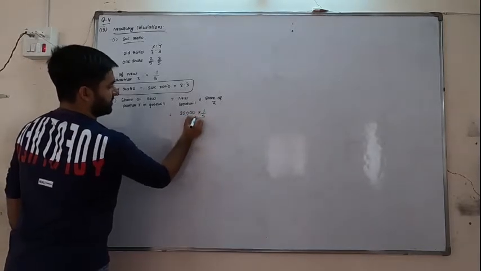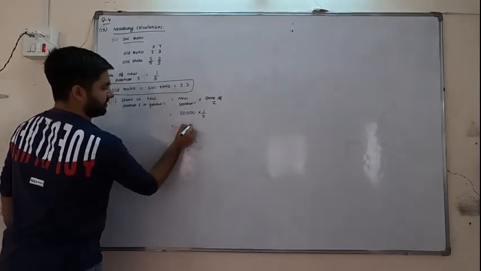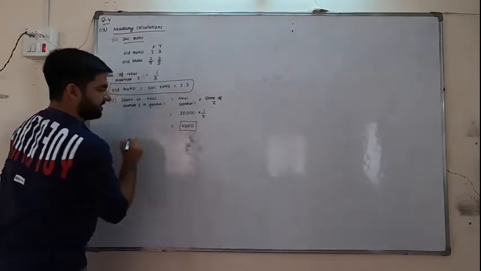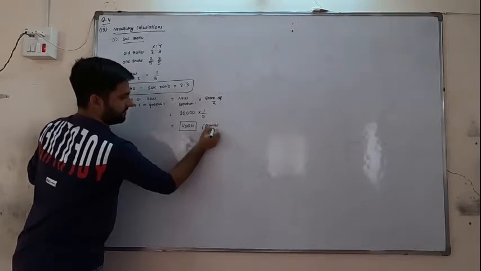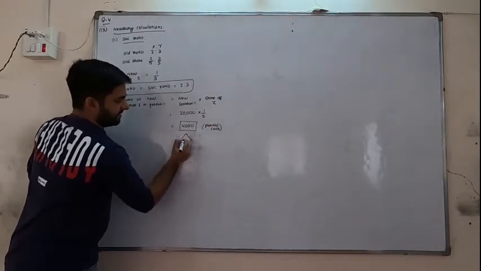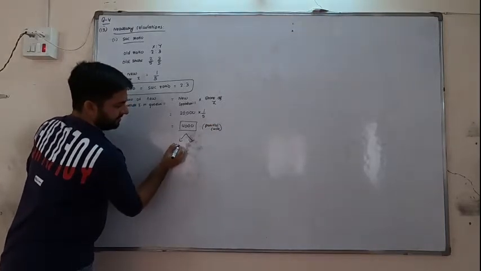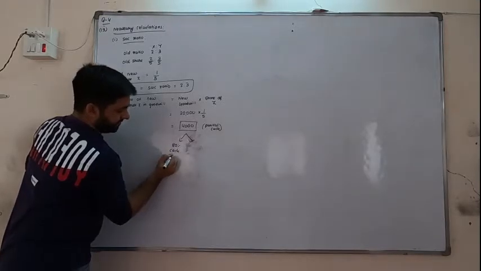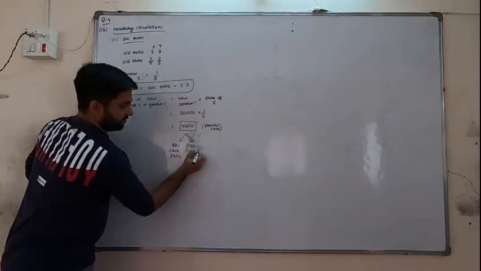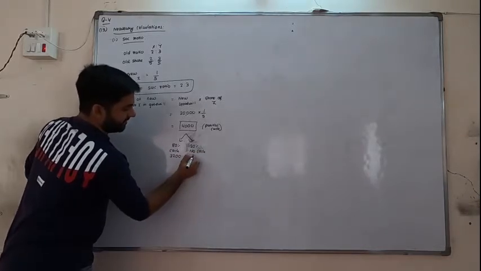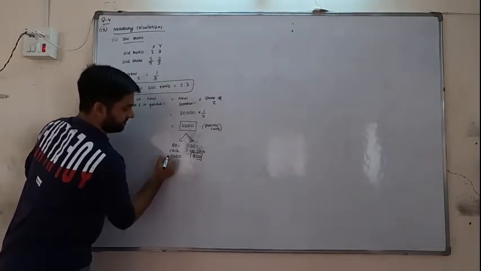Share of Z is 1/5. So it is 4,000. Now friends, from this 4,000, it is partial cash. The reason is simple. 80% is only cash. So 3,200 is cash. 20% no cash. This 20% no cash would be 800.